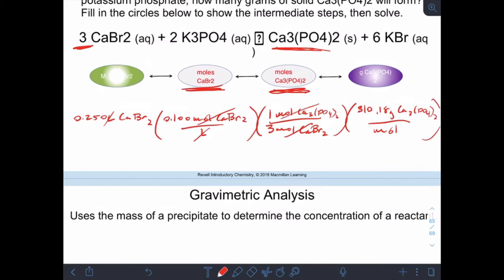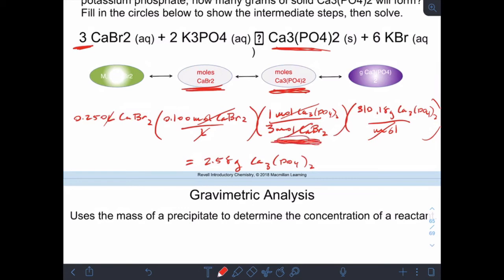So my moles of calcium phosphate will go away, leaving me with grams of calcium phosphate, okay? So 2.58 grams of calcium phosphate.